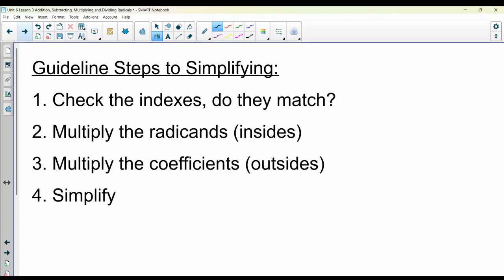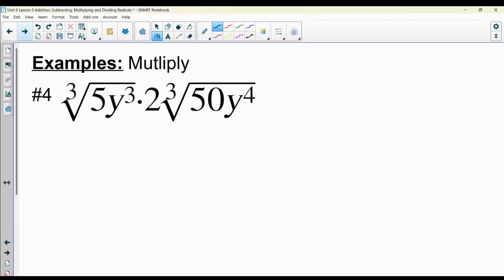We make sure the indexes are the same, multiply the radicands inside, multiply the coefficients on the outside, and then simplify just like we did with number 3. So on the outside, we just have a 2, so we are going to have a 2 here. This is an index of 3, so we do need to make sure that we have the index of 3 on the inside.